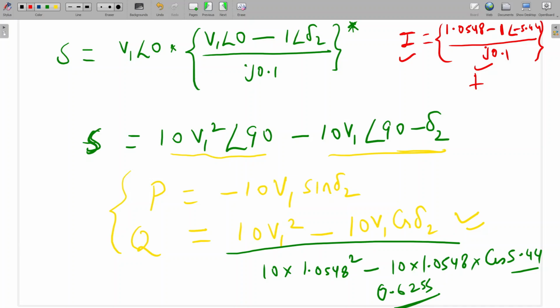Just to verify, I am doing this. That part should come as the reactive power consumed by the line.